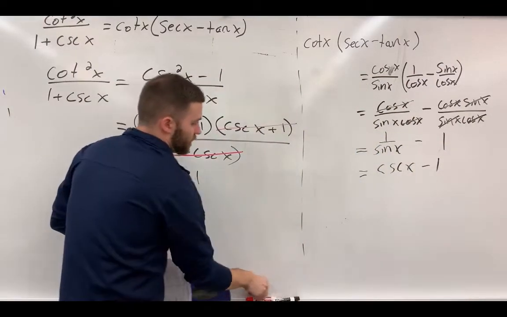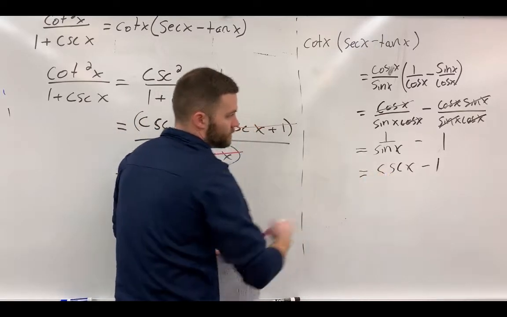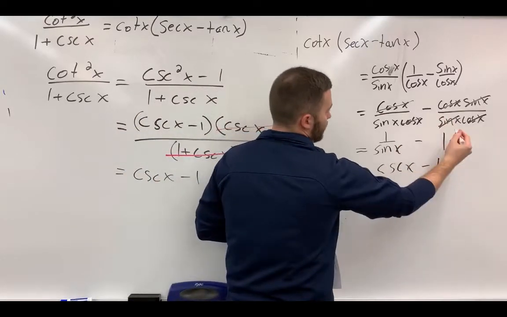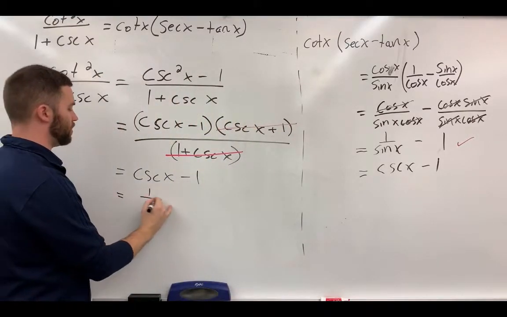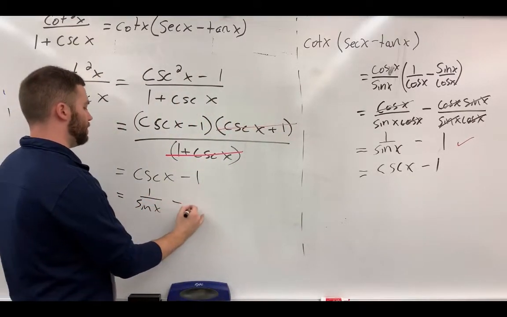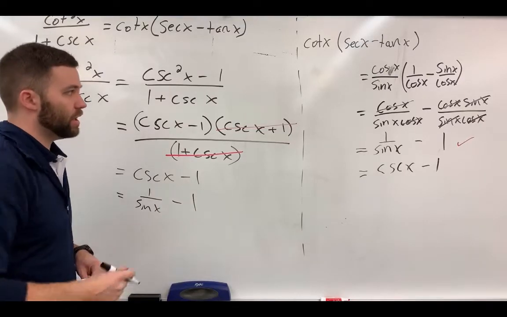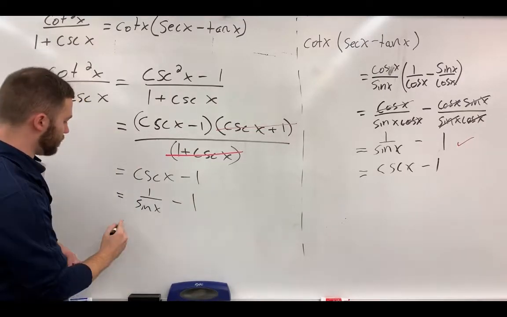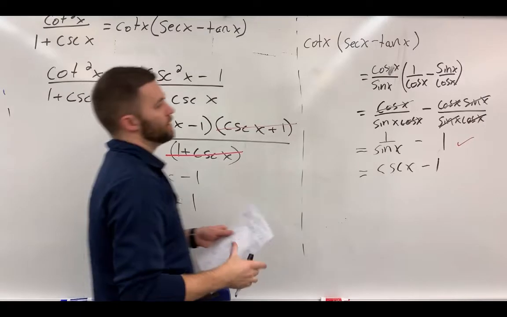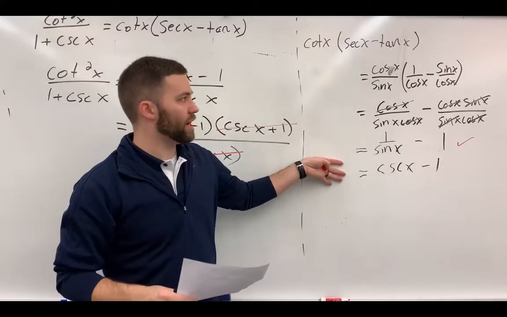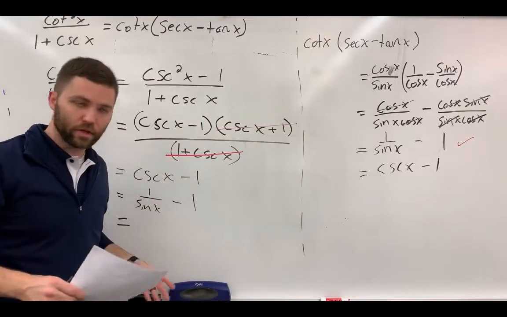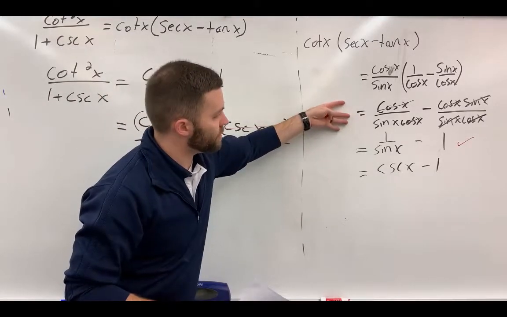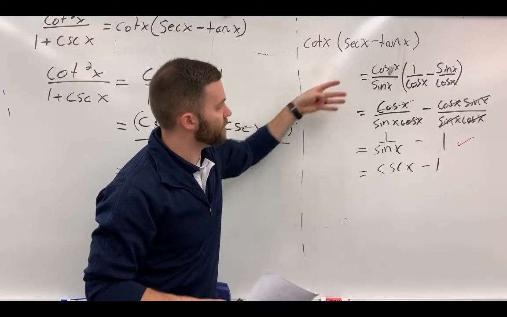So I'm almost going to work up. So I've got cosecant x minus 1. I'm going to import this step here to show that that's 1 over sine of x minus 1. That's pretty clear. All right, and then I'm going to write out that this is, now because I've got all of this work over here, I don't need to show every single thing in my final proof. So I'm not going to show this step necessarily, but I'm going to show this and then the final step.